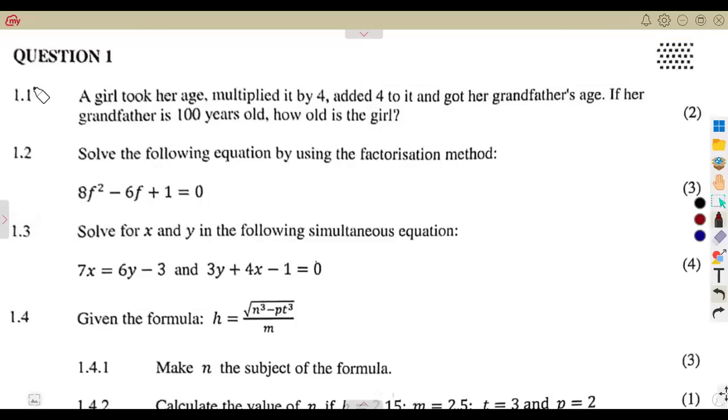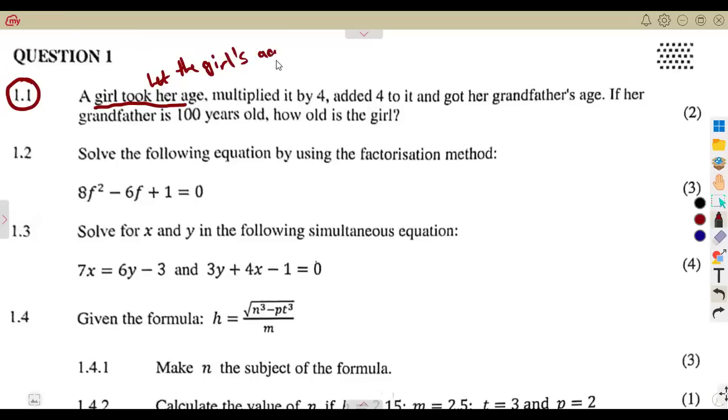If we consider this first part, which is question number one, in 1.1 we are given a girl's age, who took her age and multiplied it by 4. She took her age, meaning we do not know her age. So let the girl's age be x.